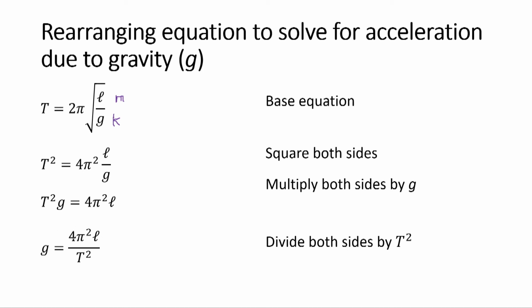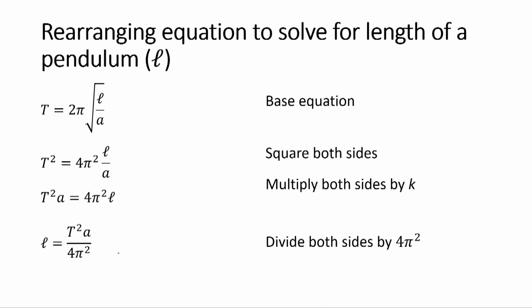You solve for G, you end up with 4 pi squared times L divided by T squared. And so you can run through this, and it checks out. Same thing for solving for the length of a pendulum. Solving for L, we just follow the exact same steps that we did earlier on, and it comes out evenly. It's like you're just doing a little swap-a-doodle-doo there. But I went through and proved it anyway, just in case you guys are suspicious.